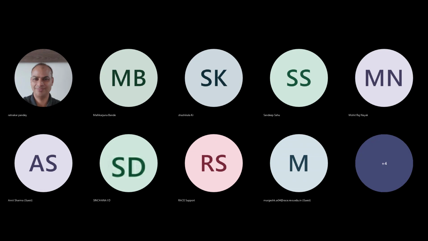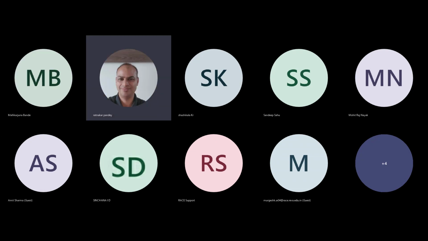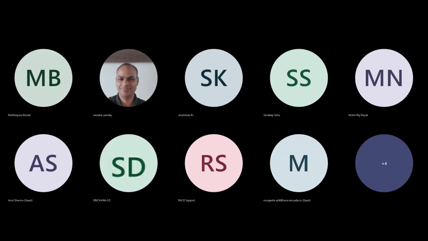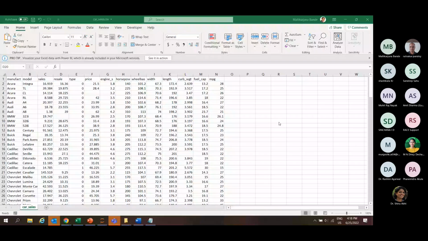So this is the car sales data, wherein you see, for example, this cell D20 over here. This is shown as blank. In my expectation, this should be recognized as not a number, NaN.